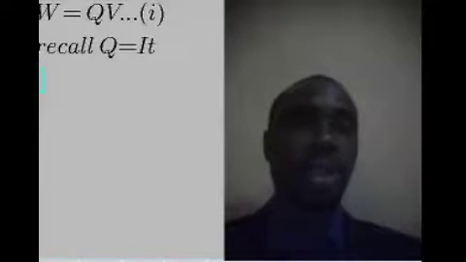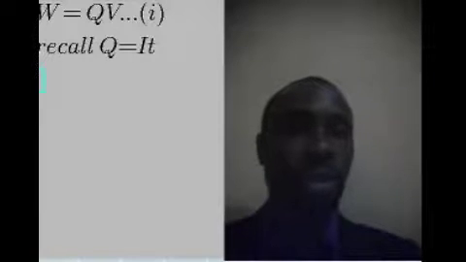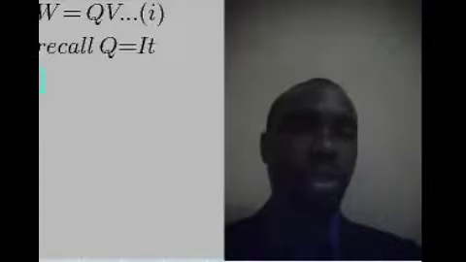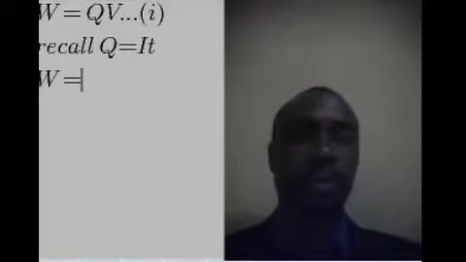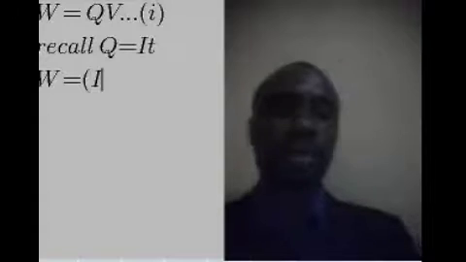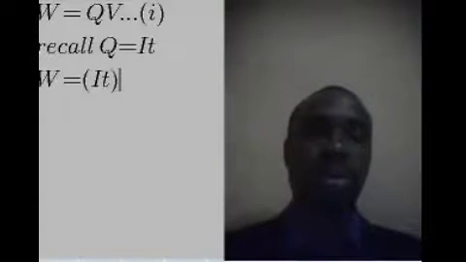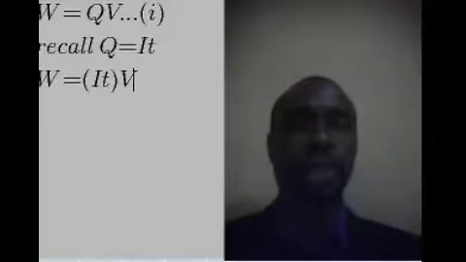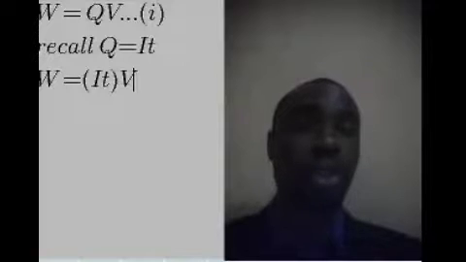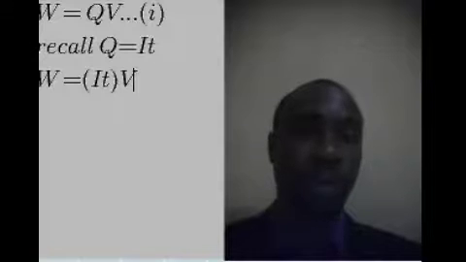So, looking at this, we have Q = IT as our formula for electric charge. We can therefore replace Q in the equation of work done with IT. So we now have a different equation: W, the work done, is equal to ITV, where IT represents Q, replaced from equation 1.